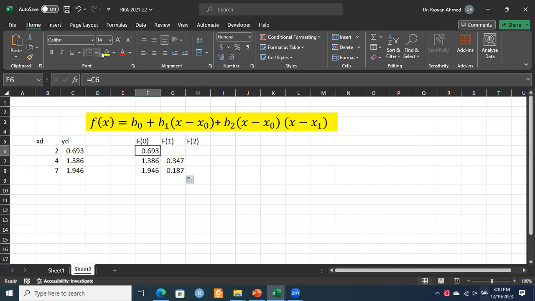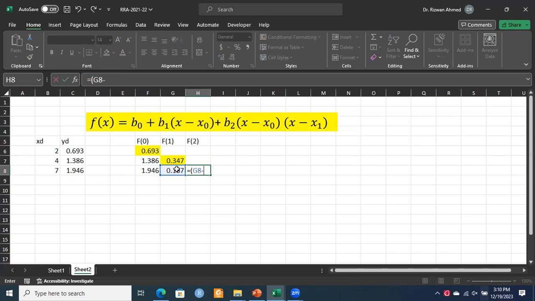This value will be equal to b naught. This value, the diagonal entry, is b1, and here the b2 value is going to appear. So this will be computed from the first order divided differences.